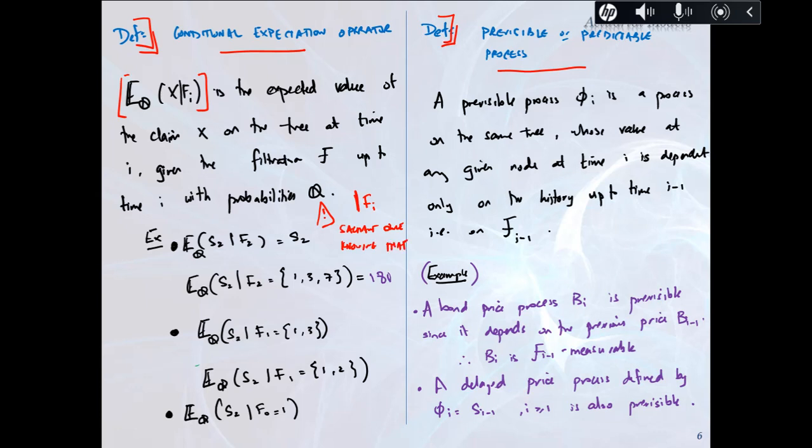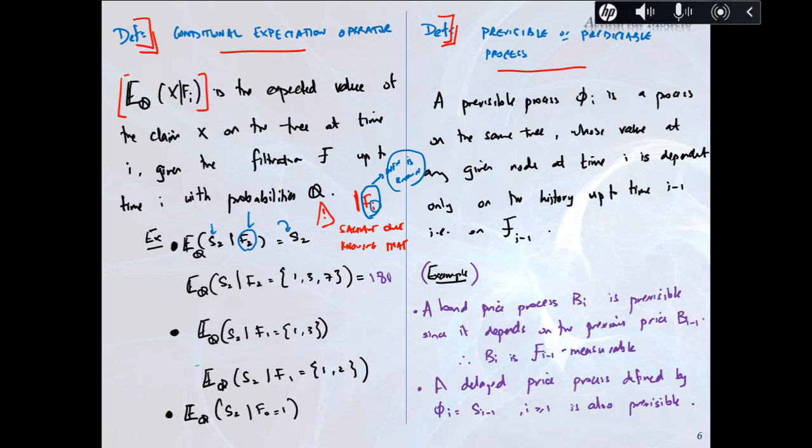So we can say that this information is in hand, is known, it is deterministic. So we have all the information that has happened up to and including time i. For example, expectation under Q of S2 given F2 is equal to S2. Why? Because F2 includes all the information on S up to and including 2. So S2 is no more random, it is deterministic. So it is straightforward here. It is S2.